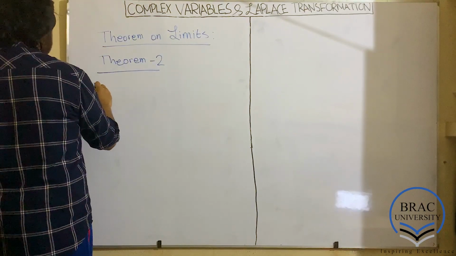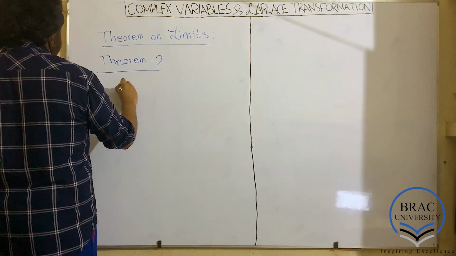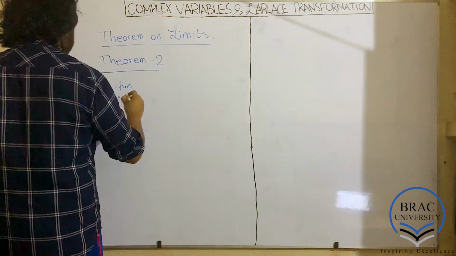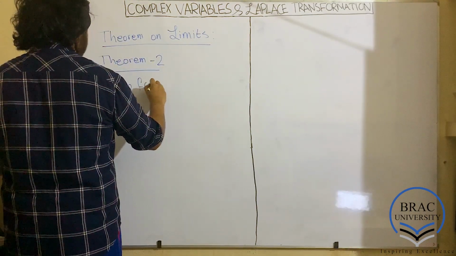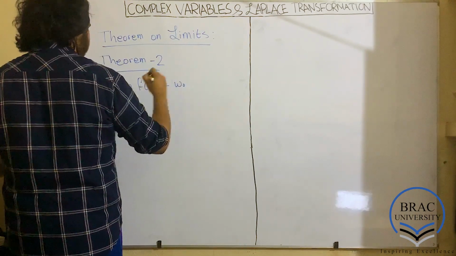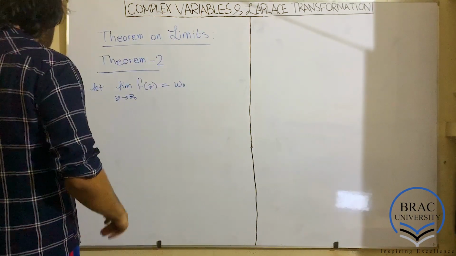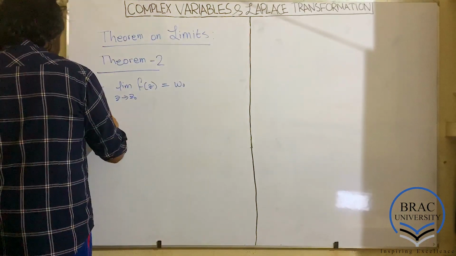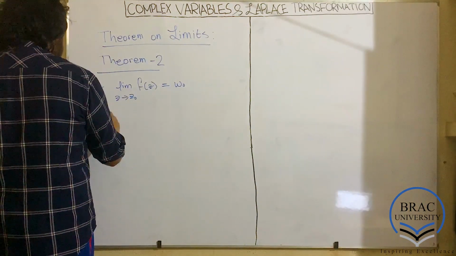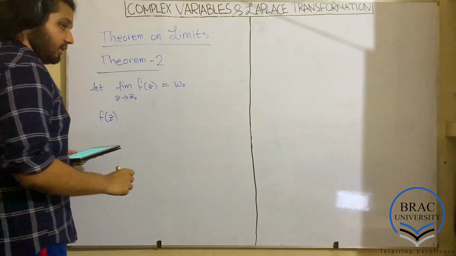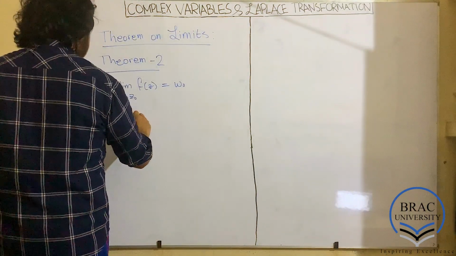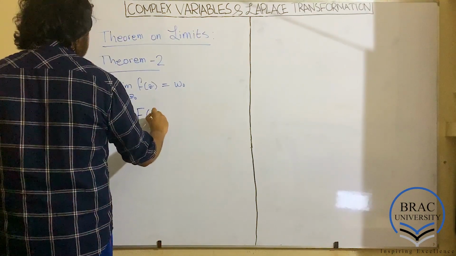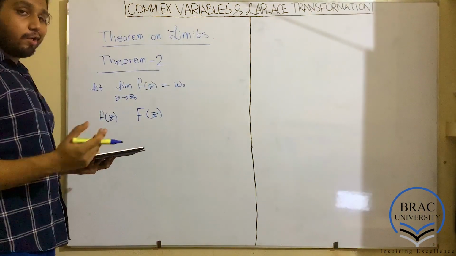Let the limit where z tends to z naught of f of z give us w naught, as we've seen before. We have the following additive property. Say we stated f of z as a function. Now we define another function, which we denote with the capital F, which takes a similar input z.